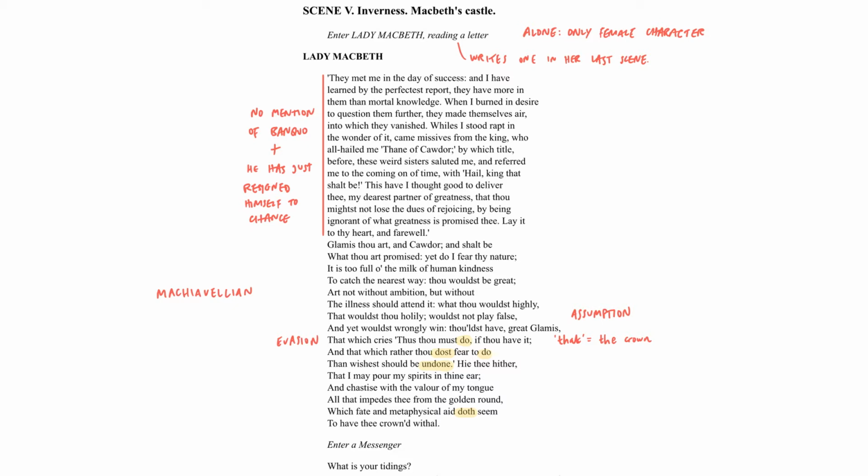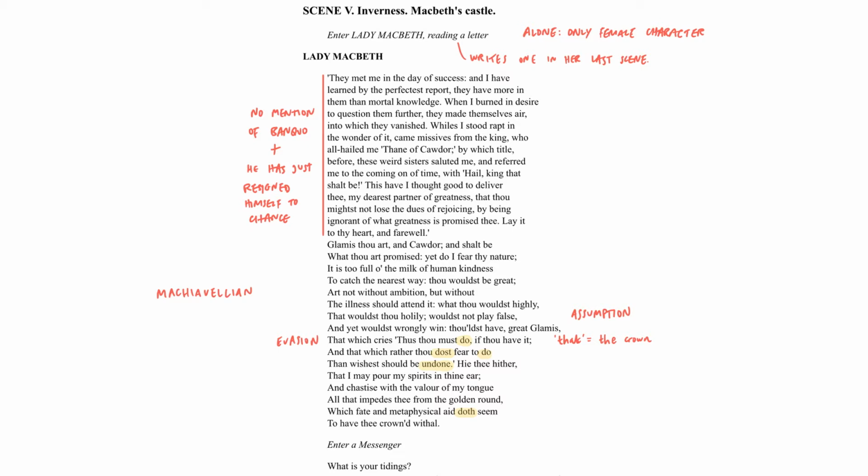So it's like a cycle between the two of them. And in fact, indirectly, through the letter, the spirits that have been poured into her ear are in fact the witches' words. So the witches, via the letter, incite Lady Macbeth, and then she, in turn, by trying to get Macbeth steeled against the deed, incites him.